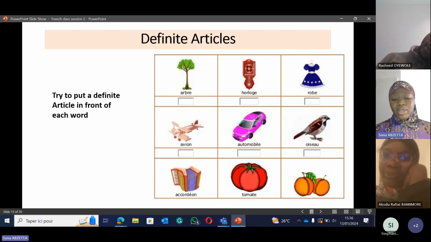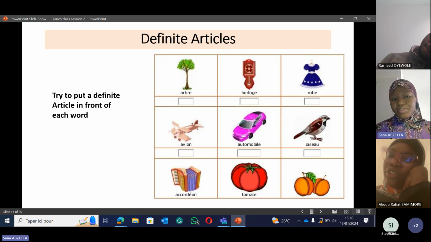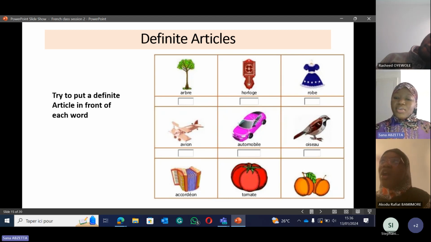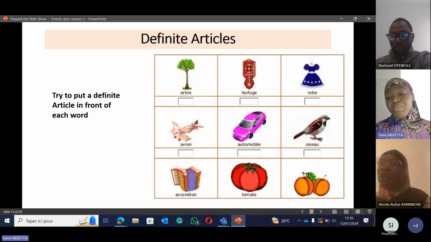For example, a book is a masculine word in French, so you say le livre. But if the word is feminine, you use la. If you want to say a dress, you will say la robe.